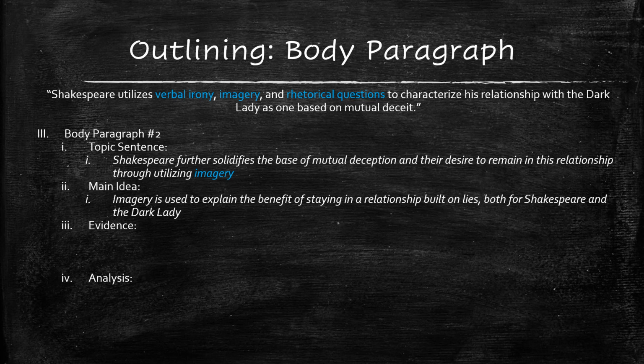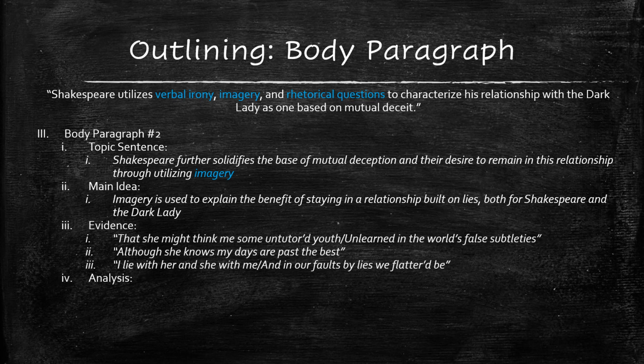someone who's so deceitful. I need to jump back then to the poem and grab evidence that is an example of imagery, but then also upholds the fact that both of them, again, are being deceptive, and that they're doing this out of a desire that they have to be with one another.